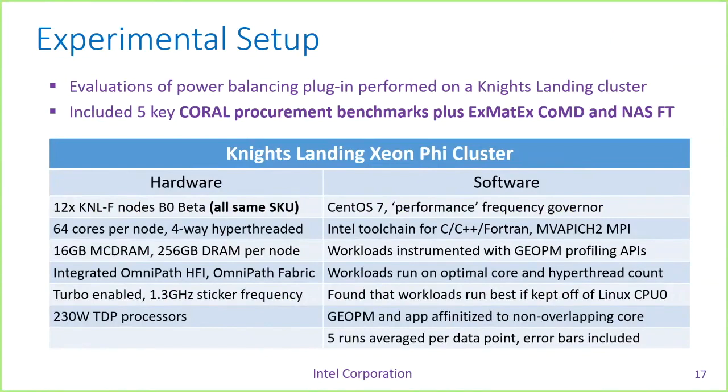We had turbo enabled in these experiments. The sticker frequency was 1.3 gigahertz. These processors have a thermal design power of 230 watts. We ran with GEOPM on a core reserved for the OS, application staying off of that core. And yeah, those are the salient points in the experimental setup.